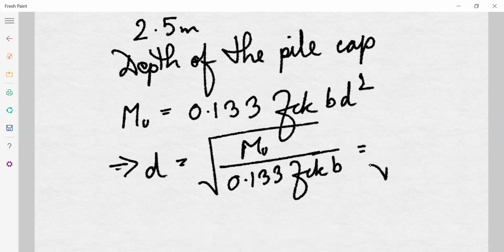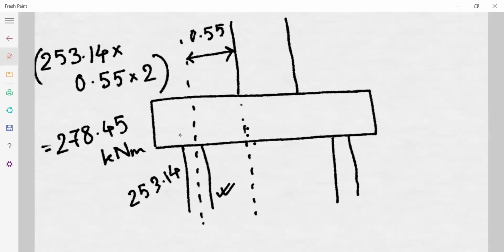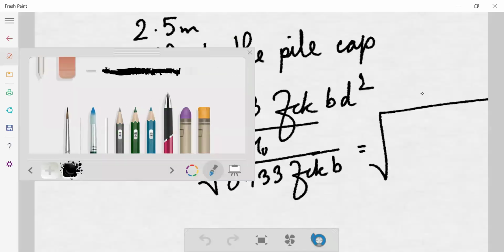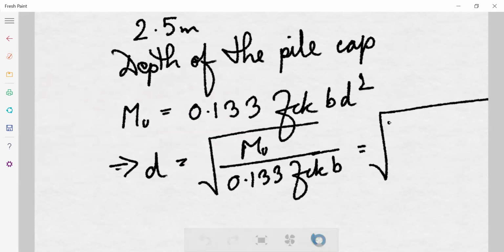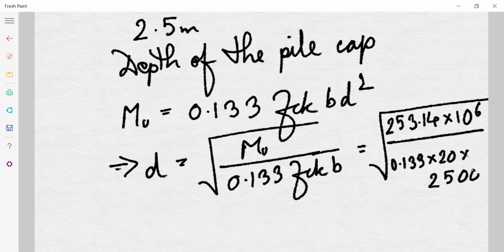So it will ultimately become how much? The moment was 253.14 into 10 to the power 6 by 0.133 into FCK, which was 20, into B, which was 2500.